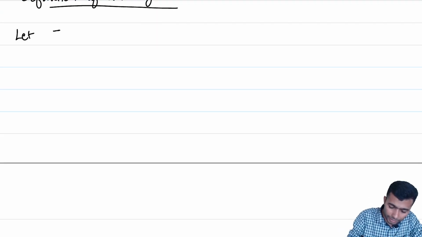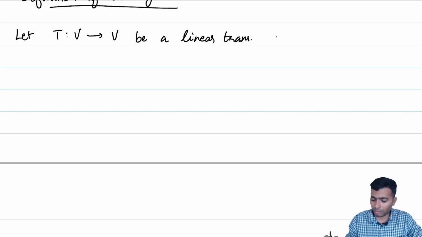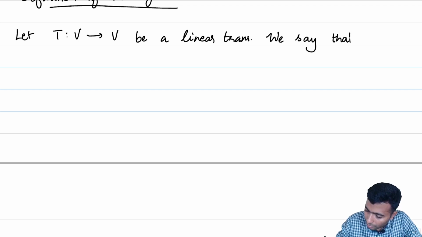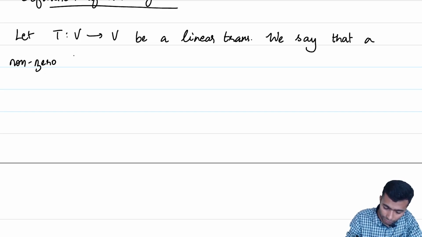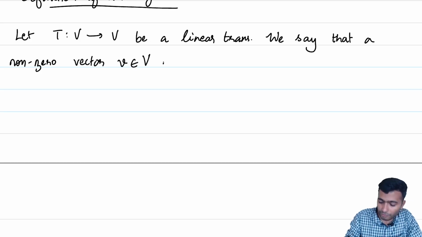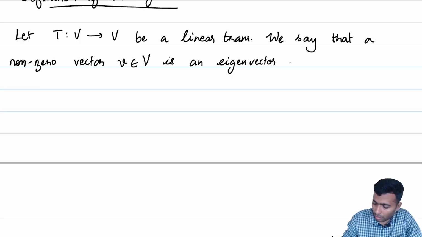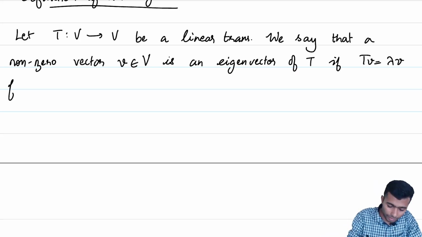So, let T from V to itself be a linear operator on V. We say that a non-zero vector, notice that we are imposing a condition of the vector being non-zero, a non-zero vector v in V is an eigenvector of T if T(v) is equal to lambda v for some scalar lambda.